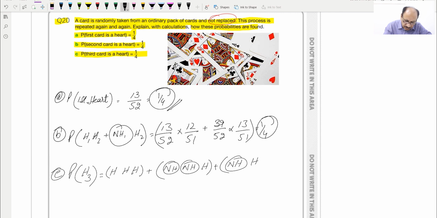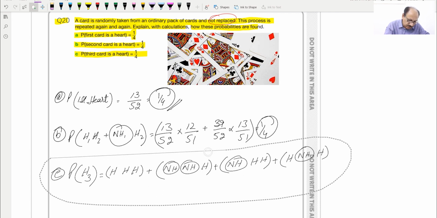So this is heart and this one also heart, and the last one will be what? Last one will be first one heart, then not heart, and last is heart, like this one. So hopefully you are understanding this.